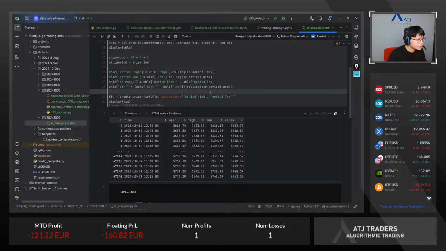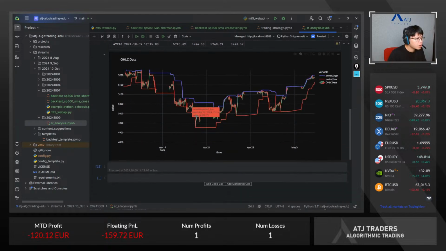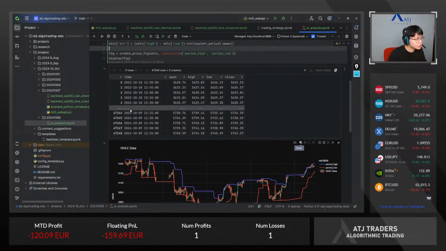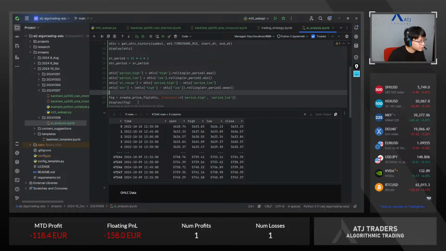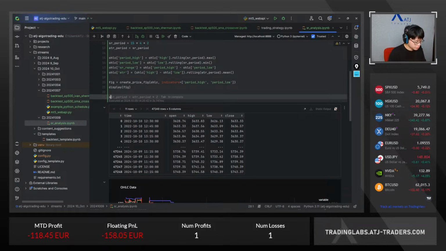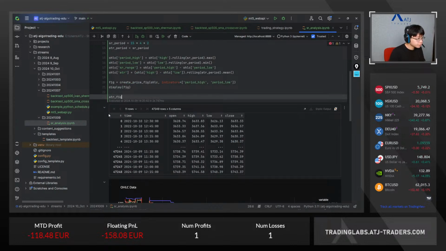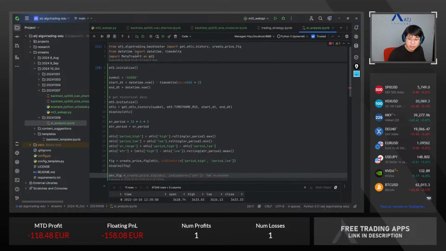So now let's try to visualize SR range and ATR. So I think I can create a second plot and then we can have a look at it. So I could try to make a subplot, but I'm just gonna make it very fast. So ATR period is equal to... ATR figure is equal to, let me import plotly express.